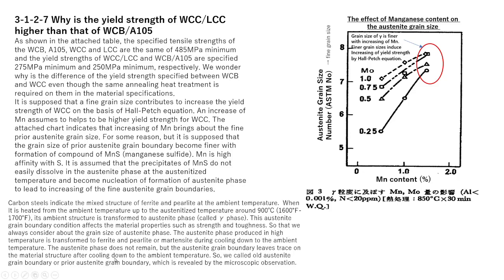So we call it old austenite grain boundary or prior austenite grain boundary, which is revealed by microscopic observation at the ambient temperature condition.